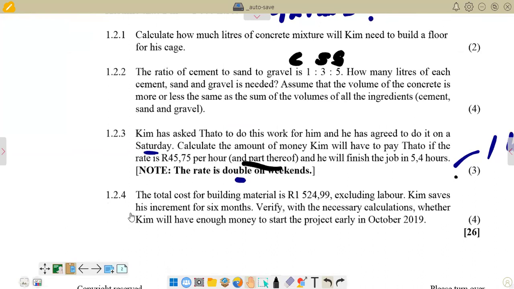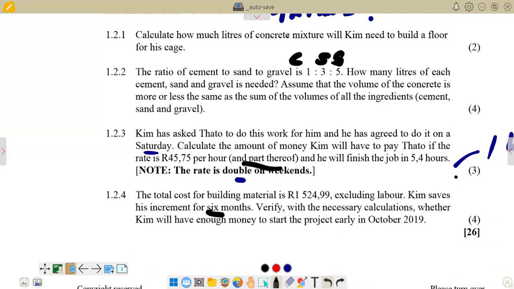There we can see that the period of 6 months is mentioned in the question, and that the increment is 3.5%. So what we now need to find out is the amount of income on which we calculate the 3.5, and then we multiply by 6 months.